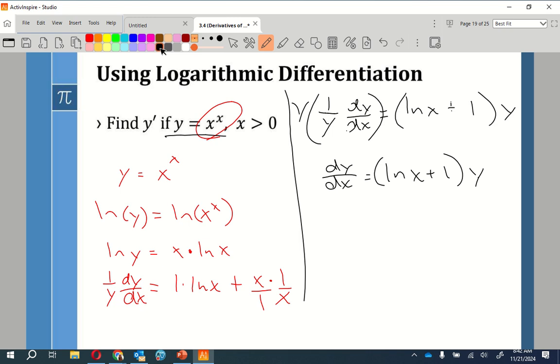And so instead of actually having y, because I want the derivative in terms of x, that means I don't want y's in my problem. So since I know what y is, I could sub it back into this so I won't have any y's in my answer. So my final solution is dy dx is equal to x to the x times ln x plus 1.